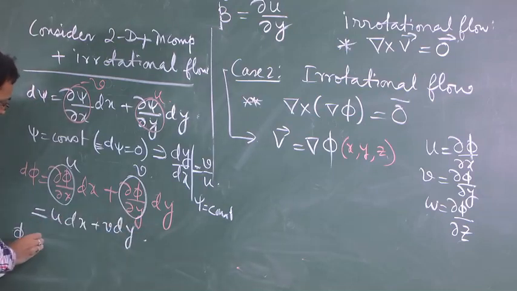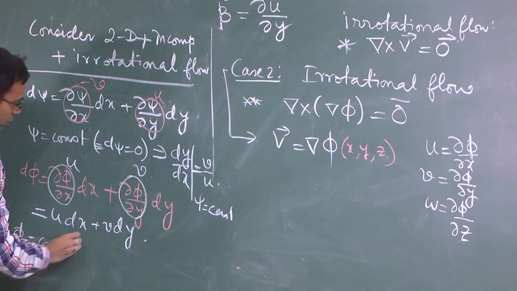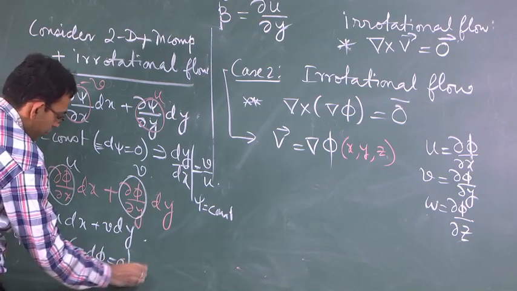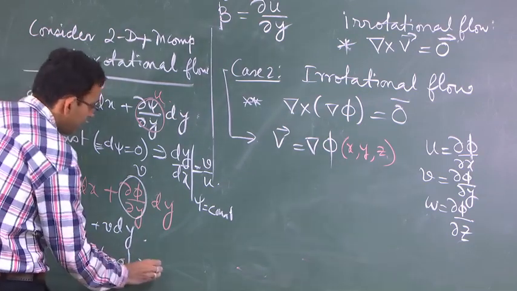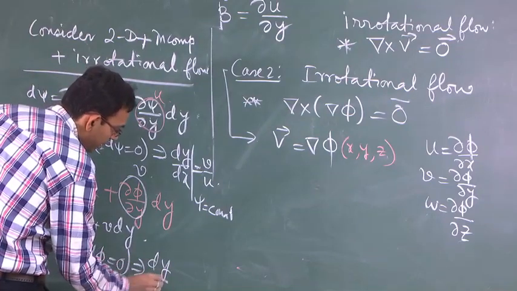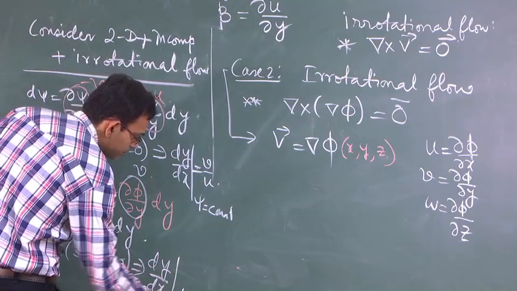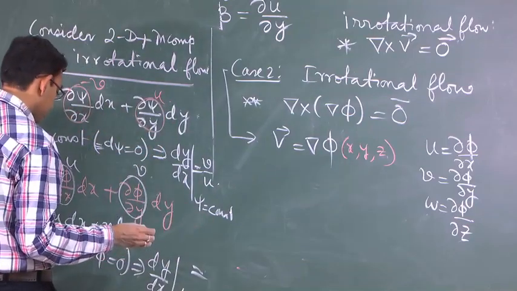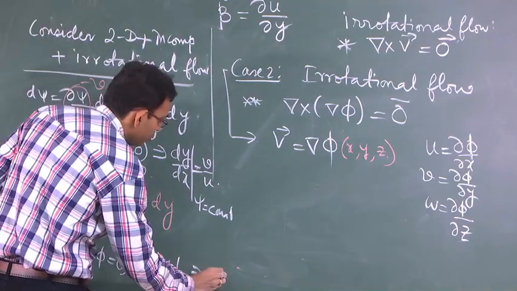So, phi equal to constant or d phi equal to 0 will mean dy dx for phi equal to constant as minus u by v.